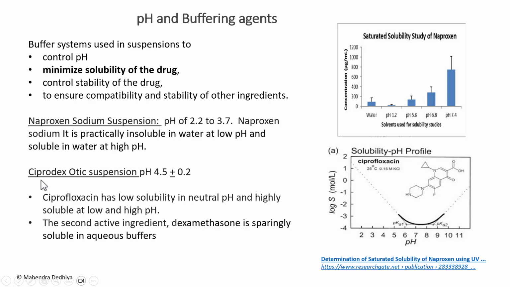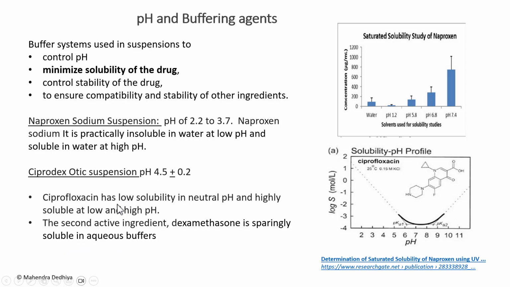Let's look at the second example, Ciprodex otic suspension, which is used for treating ear infections. Ciprofloxacin has low solubility at neutral pHs. And the second ingredient, dexamethasone, is sparingly soluble in aqueous buffer.